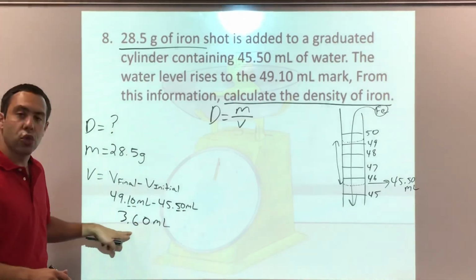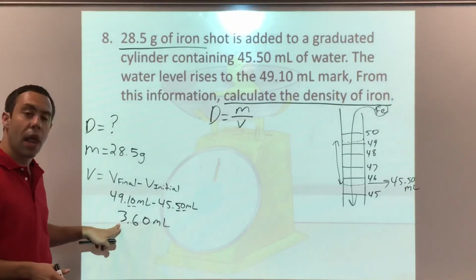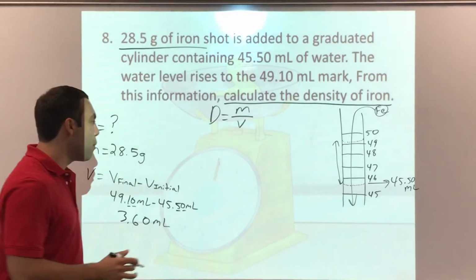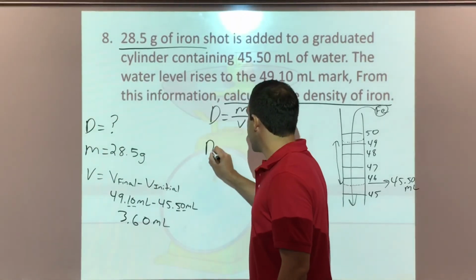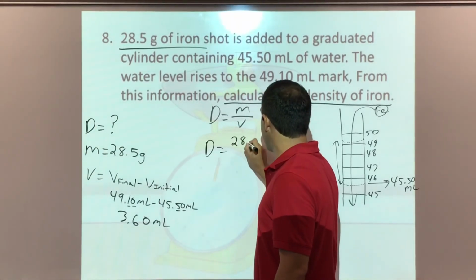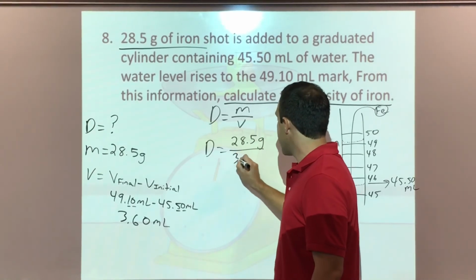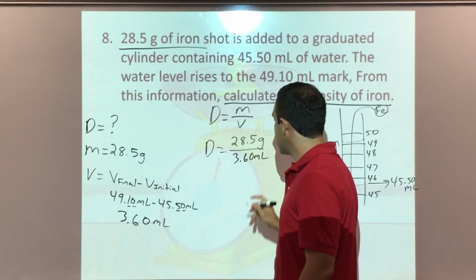So we're just going to make sure that our volume has 2 decimal places as well. From here, just a regular density problem. We plug in the numbers. We don't know D. D equals 28.5 grams divided by 3.60 milliliters.